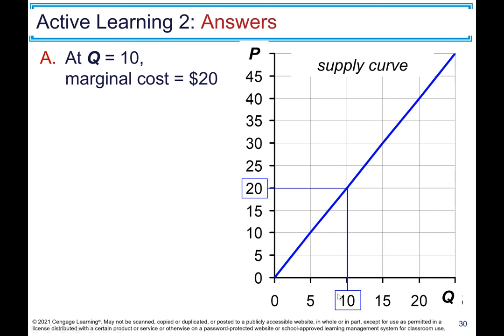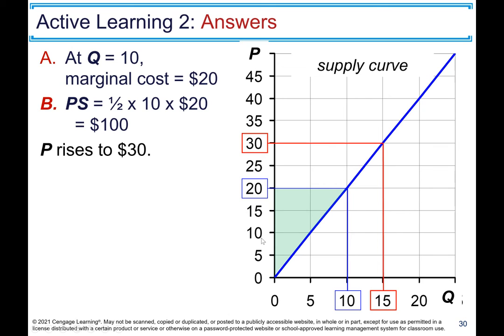So at Q equals 10, marginal cost is 20. And producer surplus is 1/2 times 10 times 20. 10 is the base, 20 is the height, and the area of this triangle is 1/2 times 10 times 20, and that will be 100.